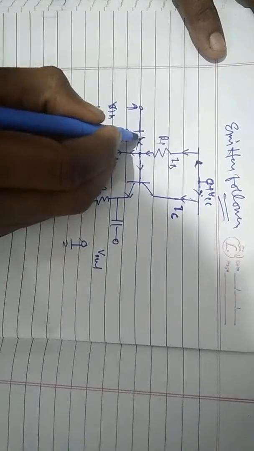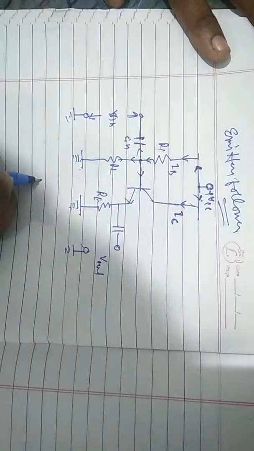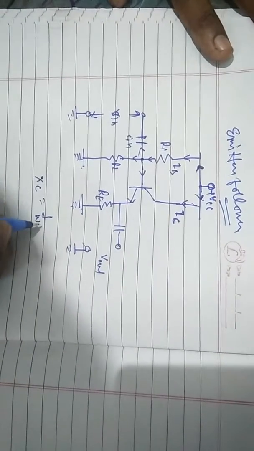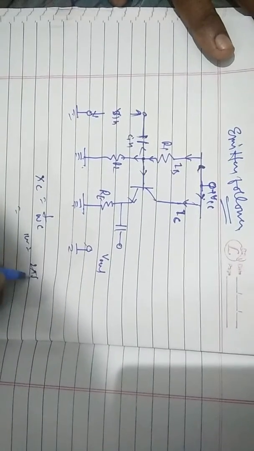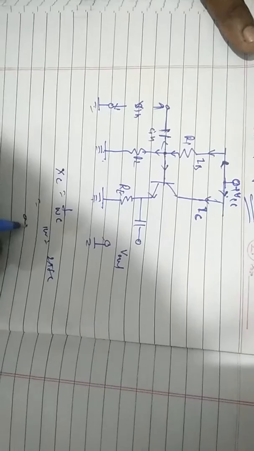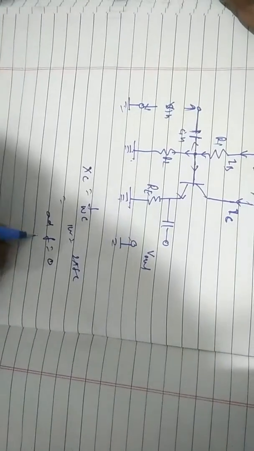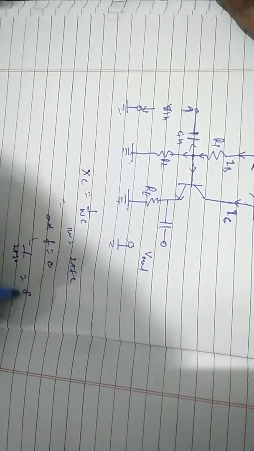But here we see that an input capacitor is used, and we know that impedance of capacitor is 1 by 2 omega c, and omega is equal to 2 pi f, and we know that frequency of DC is equal to 0. So 1 by 2 pi fc is equal to infinite.